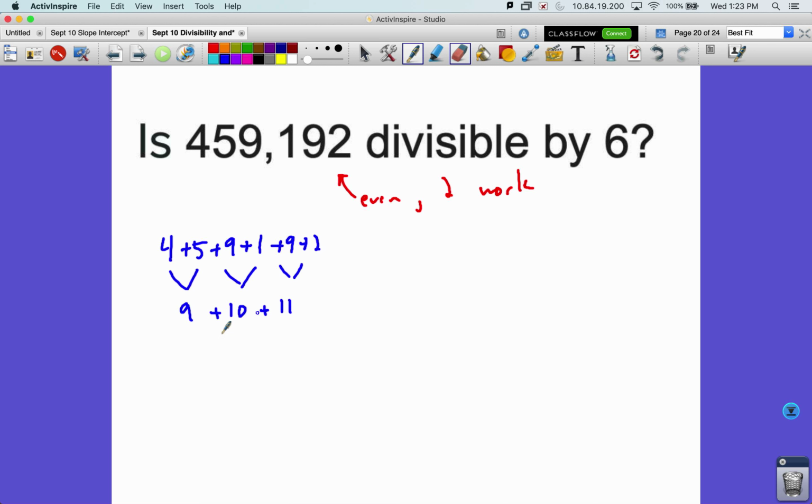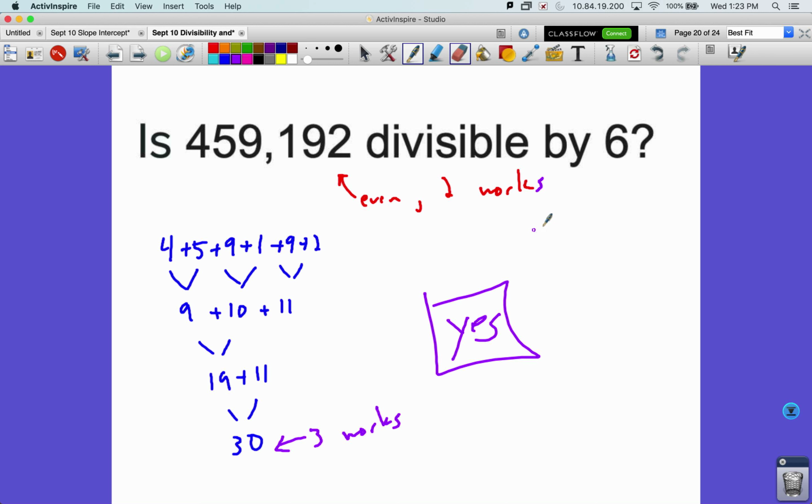That becomes an 11. 19 plus 11 is 30. 30 is divisible by 3, so 3 works. Therefore, yes, because 2 and 3 both worked. Therefore, 6 has to work.